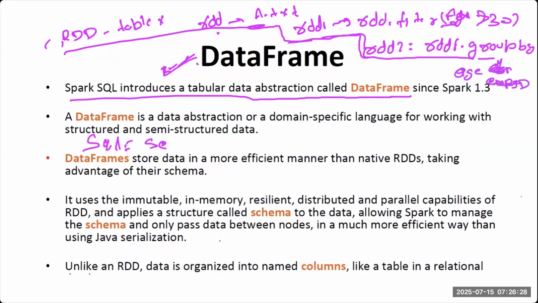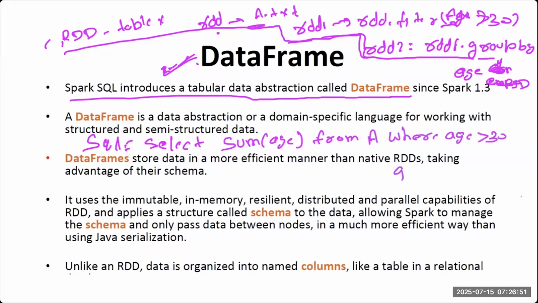So here you will write: select sum of age from A, where A is the table name I gave when I inserted a.txt, where age is greater than 30 group by age. So this is your SQL query.